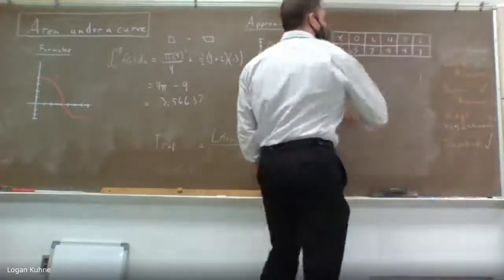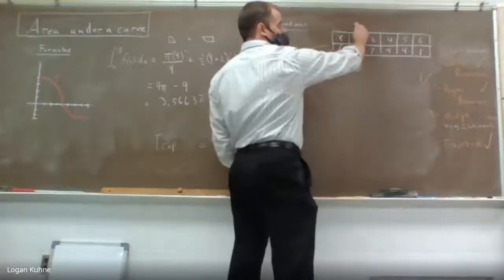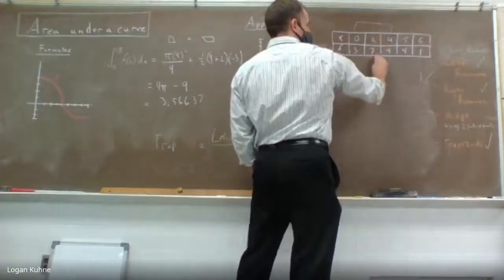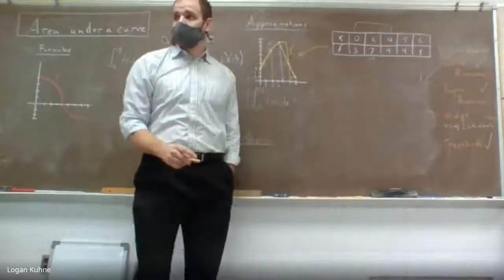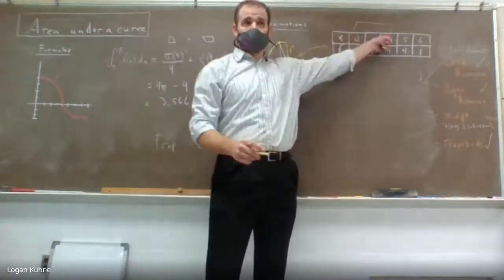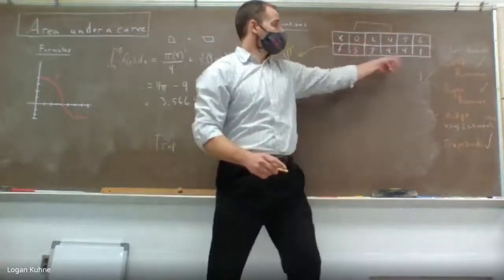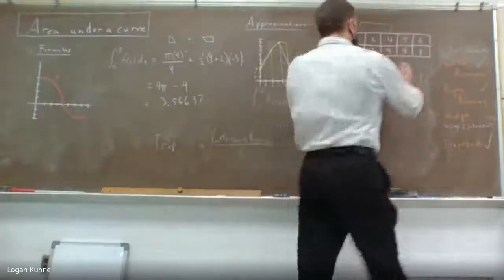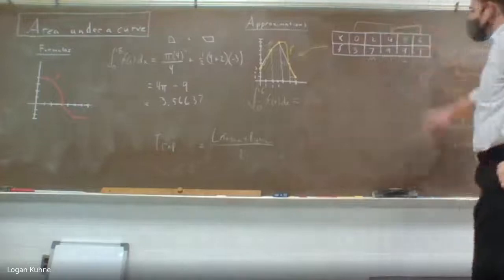Because the midpoint is right there, isn't it? 2 is the midpoint of 0 and 4. And we can say 5 is the midpoint of 4 and 6, right? Okay, so that midpoint right there.